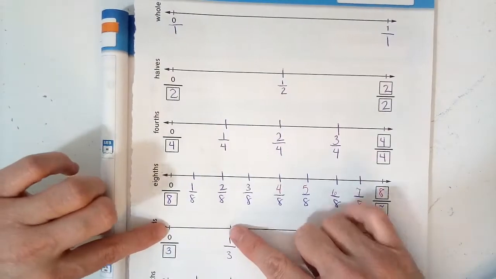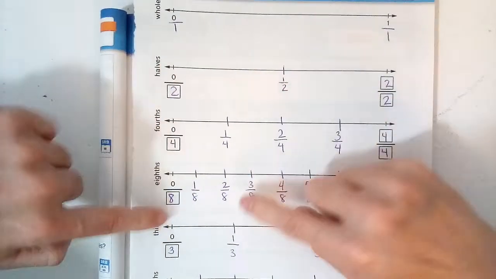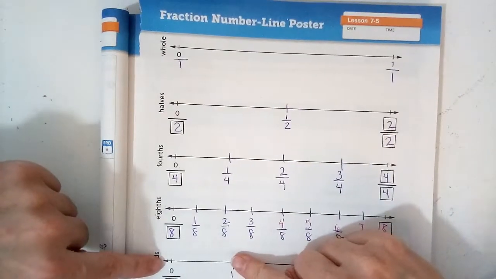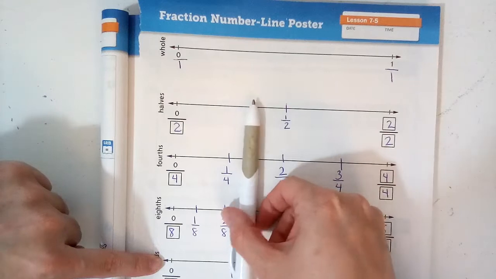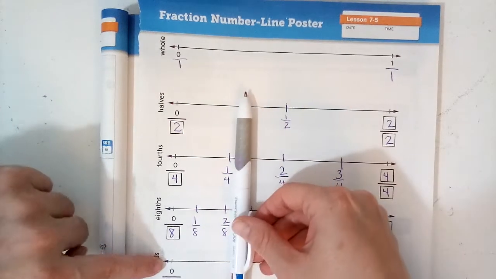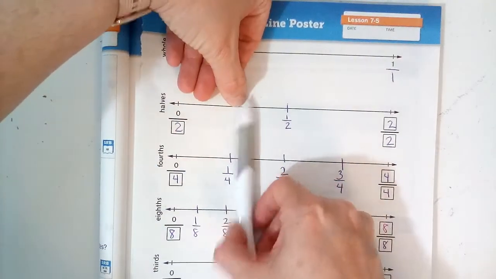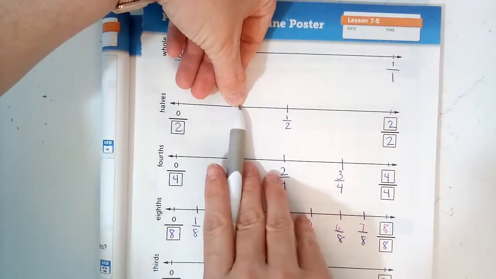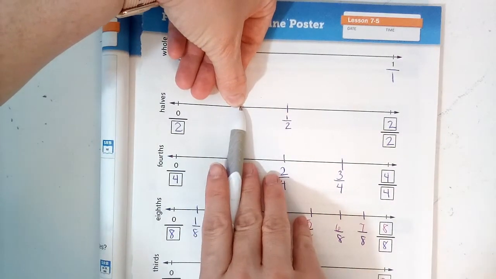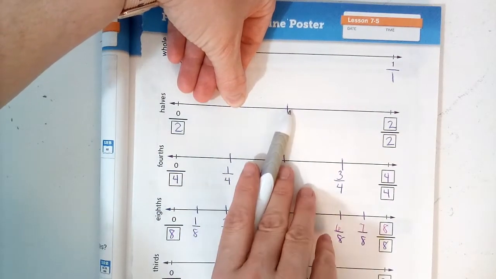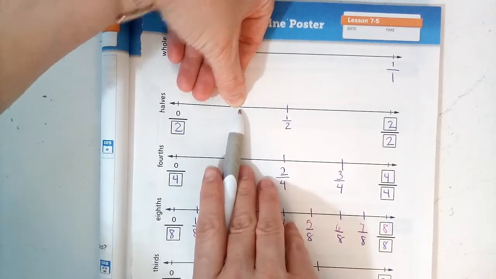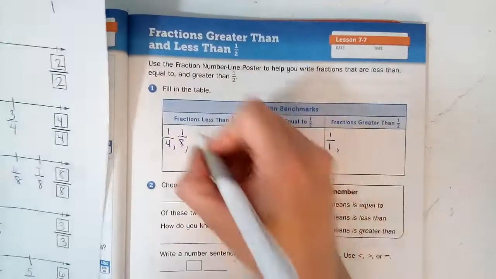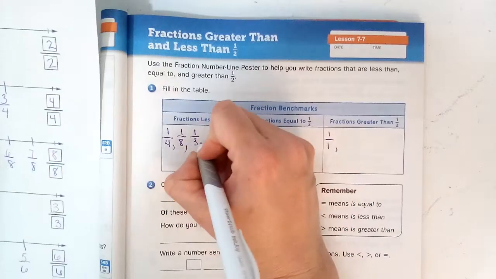Here's 1/3. And here's 1/2. Check those out. If I move my finger or use my pen to show where 1/3 would be on this number line, it would be right here. Would you say that 1/3 is less than or greater than 1/2? It's on this side, so it's smaller. It's less than. So 1/3 is less than 1/2.